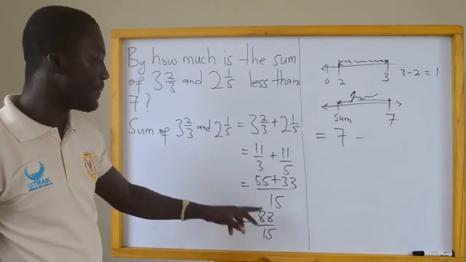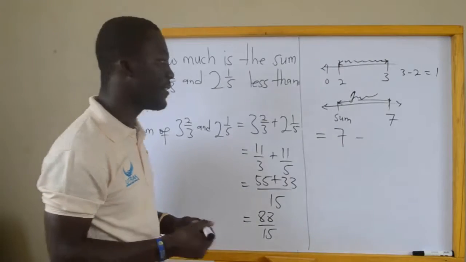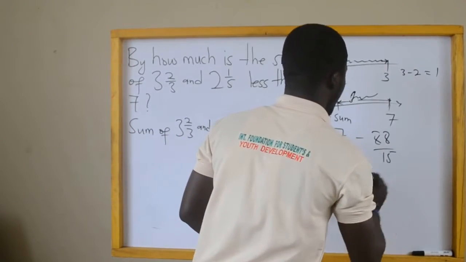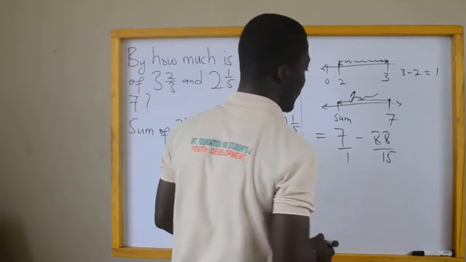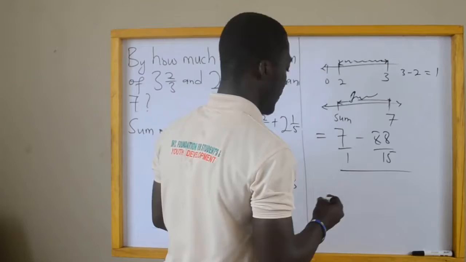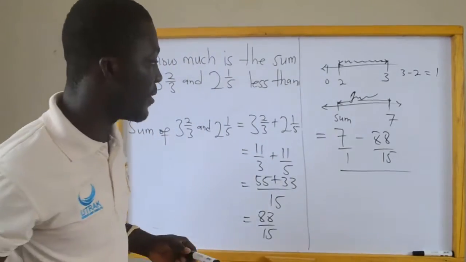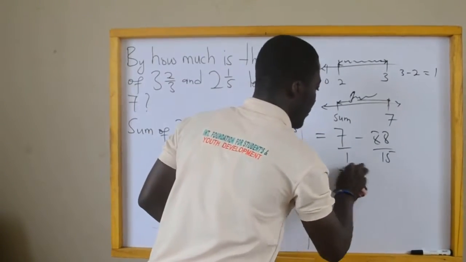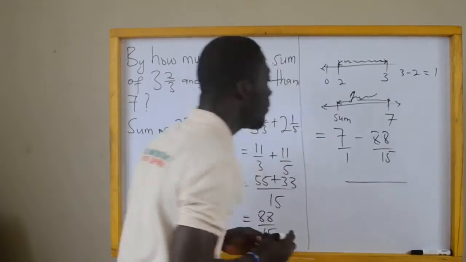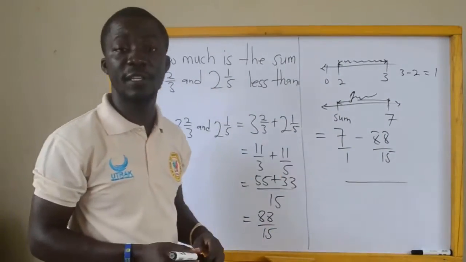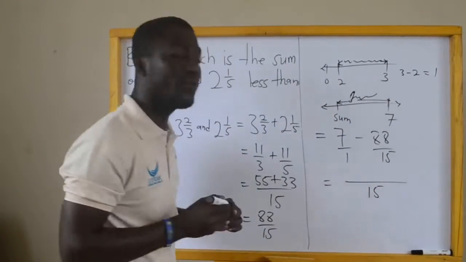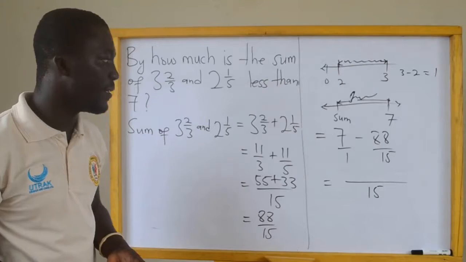But the sum is 88 over 15. So 7 is over 1. The least common denominator between 1 and 15 is 15. 1 goes into 15 fifteen times.